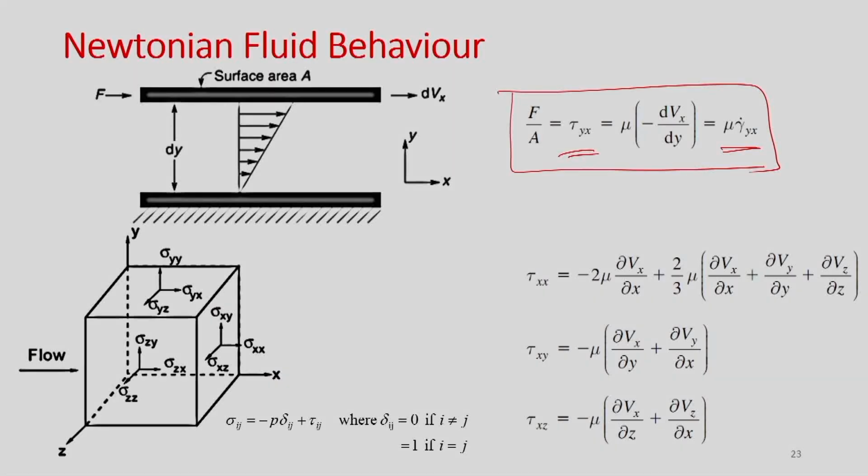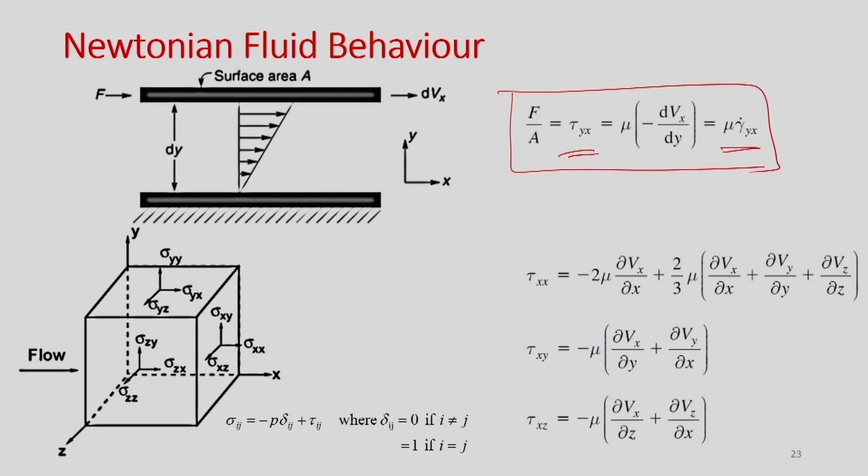For Newtonian fluid behavior, for this kind of one-dimensional, unidirectional flow, we know that tau yx is linearly proportional to gamma dot yx. Tau yx is the shear stress, gamma dot yx is the shear rate, and the proportionality constant mu is the viscosity, which is constant for a Newtonian fluid.